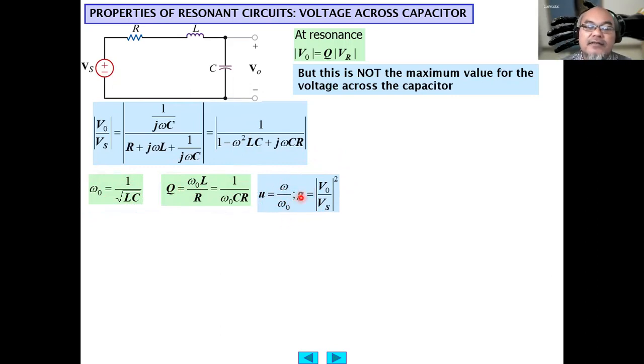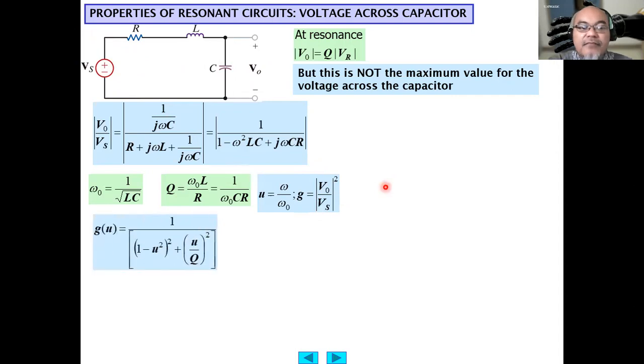And the gain G equals the V output over the Vs, squared. So G as a function of U is basically this formula, but squared.